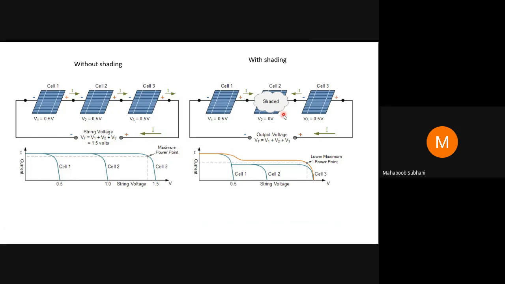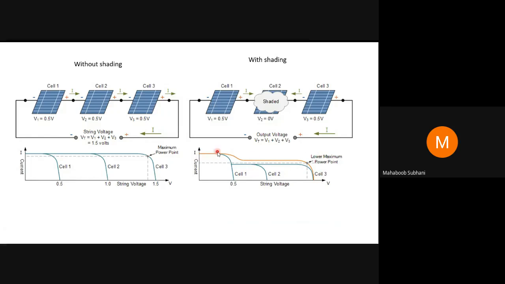With that voltage, the current will get passed through. Now there is no provision of any voltage or current passing through it, so the power produced from this cell will be reduced. And now the total voltage value will drop. So cell 2 is further reduced, and the same thing is maintained in cell 3.